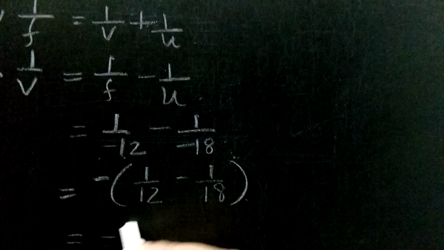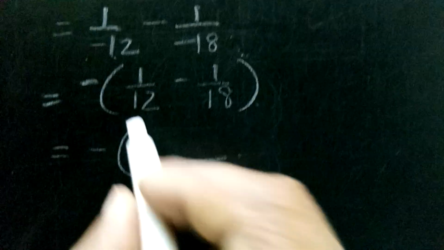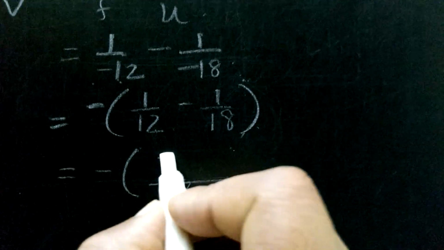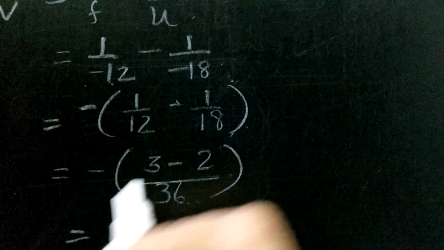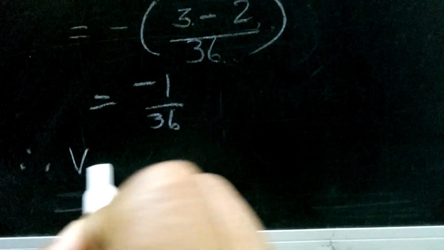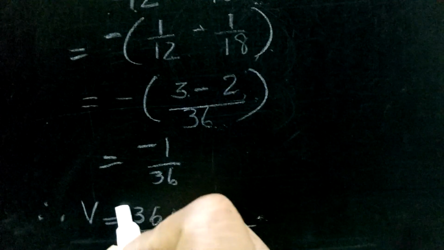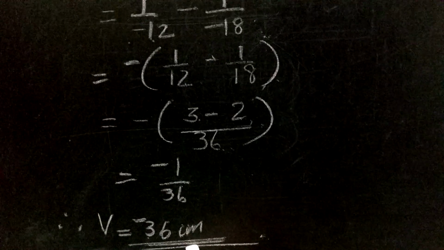Negative of, here LCM is 36, that means 12 into 3 is 36, 18 into 2 is 36. So 3 minus 2 is 1. So negative 1 by 36. Therefore v is equal to negative 36 centimeter. So image distance is negative 36 centimeter.